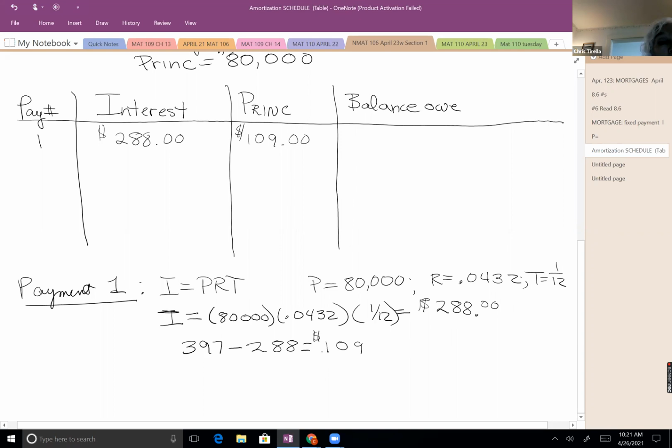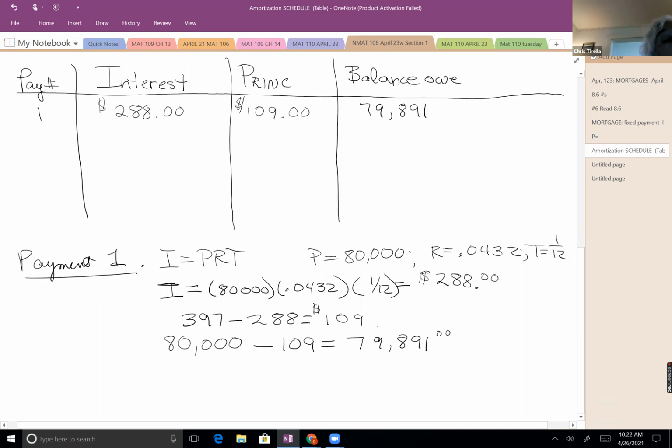And so when we take that $80,000 that we owe and subtract that $109 that we're paying, we now only owe $79,891 on the house. Does that make sense?